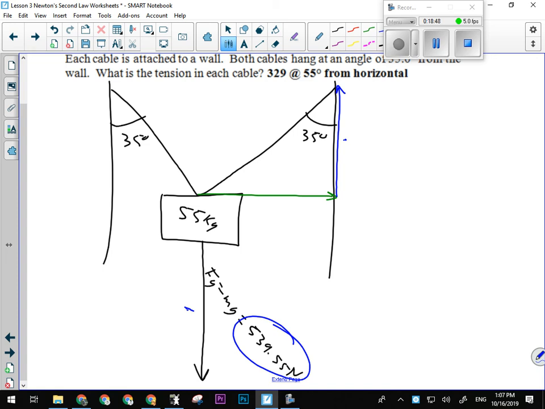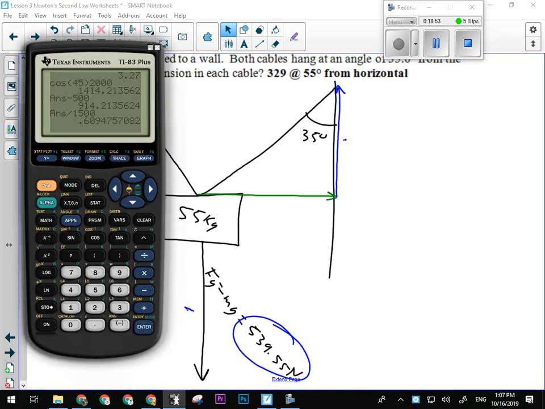So what we have is 539.55 divided by 2, which gives us the vertical force in each cable, 269.775.